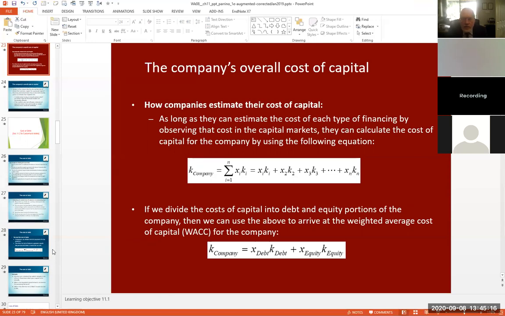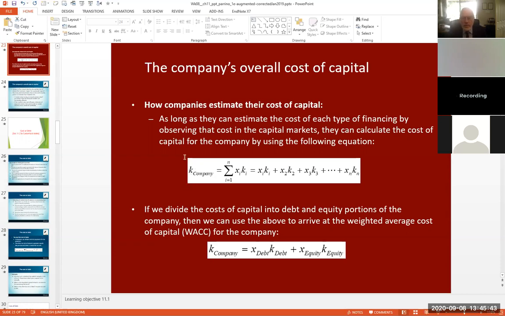As long as we can estimate the cost of each type of financing, and we can estimate those from the tools that we've introduced over the past few weeks, we can then roll them up to estimate the weighted cost, if you like, of capital for the entire company. And that's very much what this equation is meant to convey.